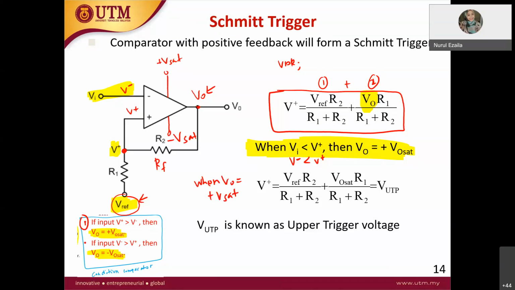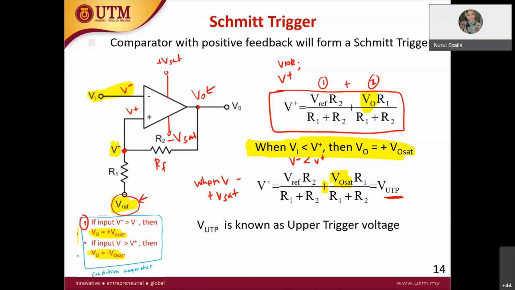As you can see, this V out is now replaced with plus V out saturation. So whatever the value here, it is equal to the upper trigger voltage, VUTP. Again, I repeat, this is the general equation of the voltage divider rule for the V plus. The V out in the Schmitt trigger can be two possibilities: it is either positive V saturation, or negative V saturation.